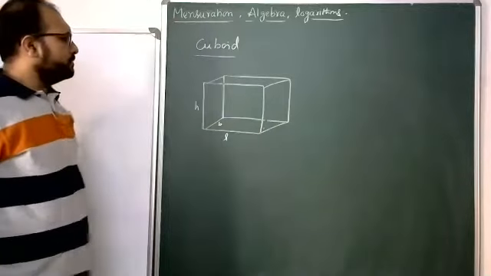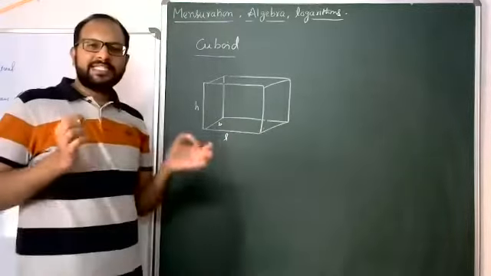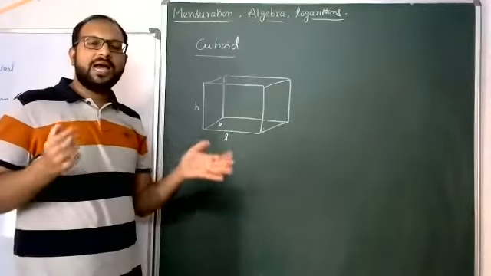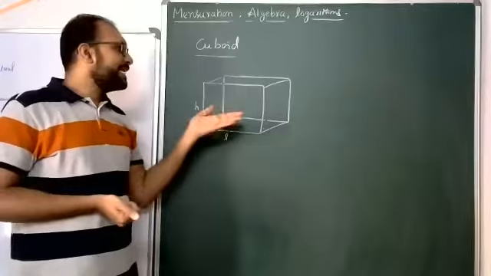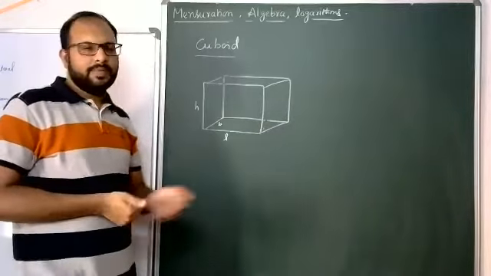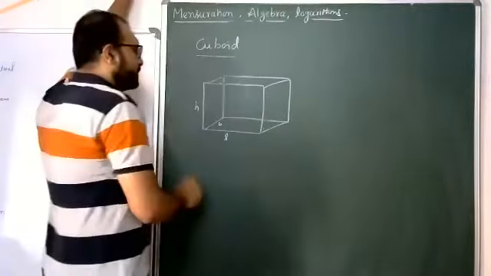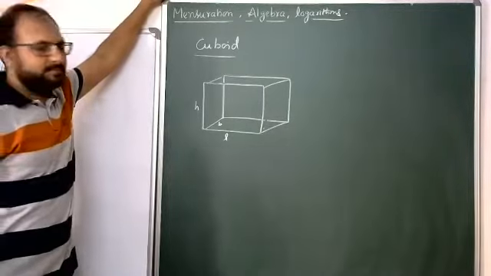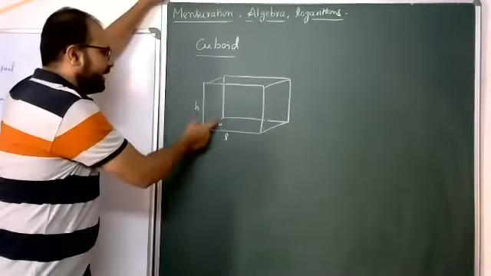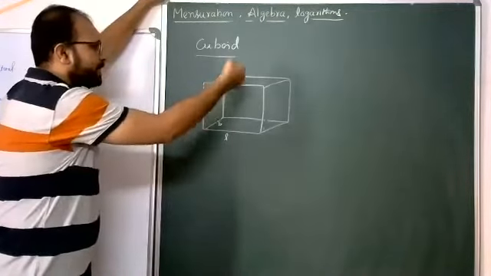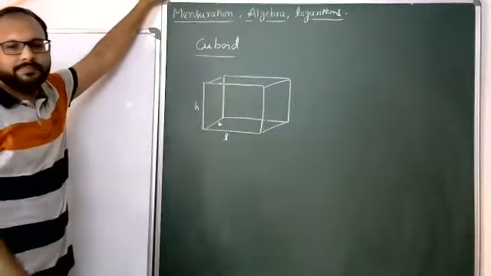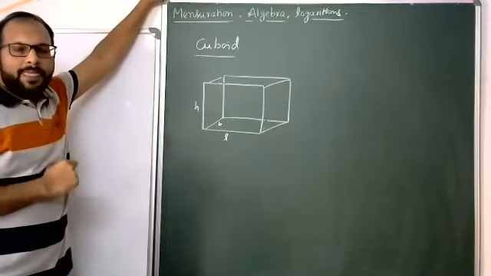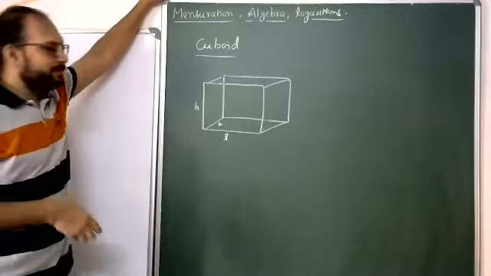So in total there are 6 faces, a total of 8 vertices, meaning corners, and a total of 12 sides also. Here L, B, H like that, many sides are L, B, H. For all this we need the total area and also the volume.